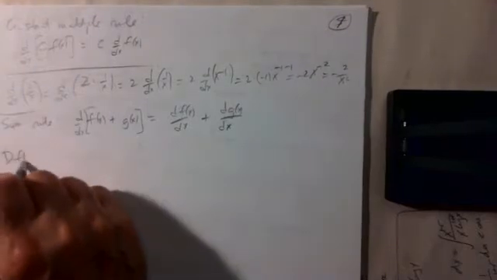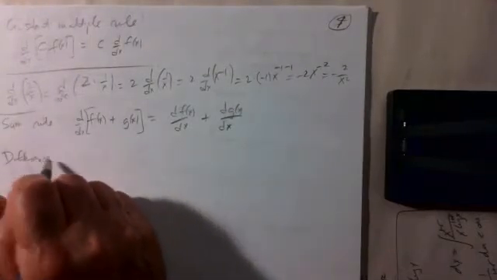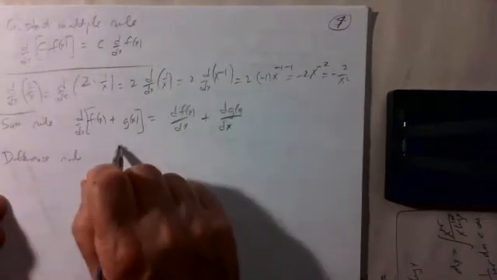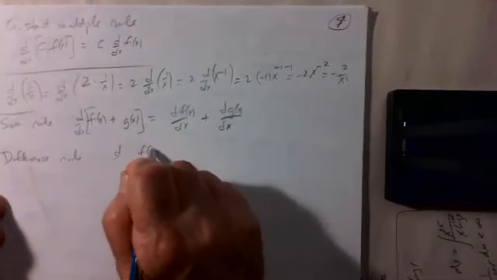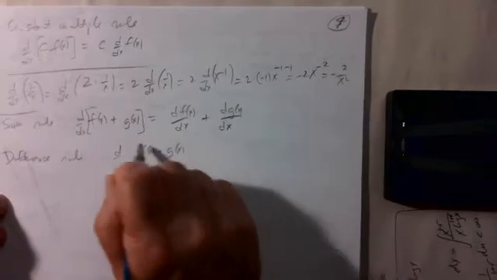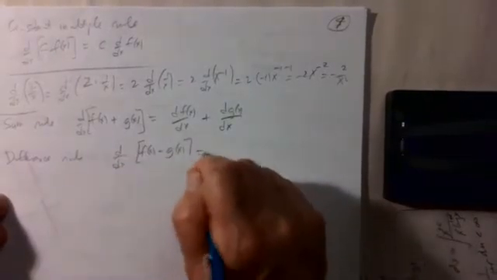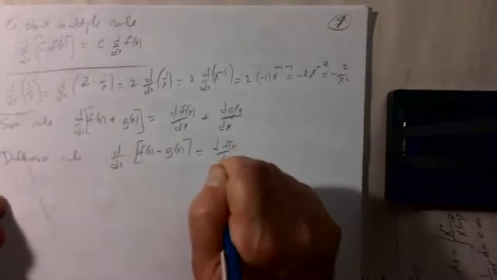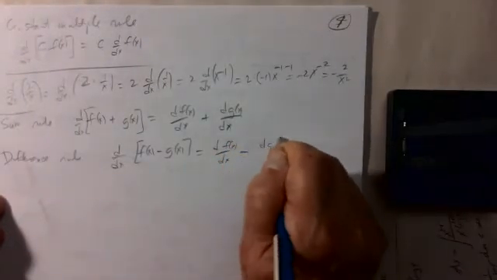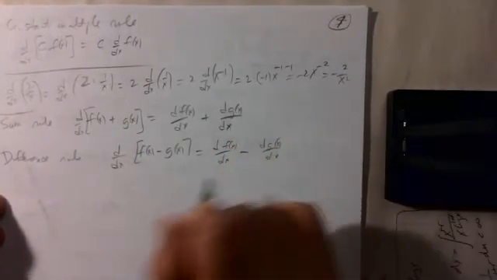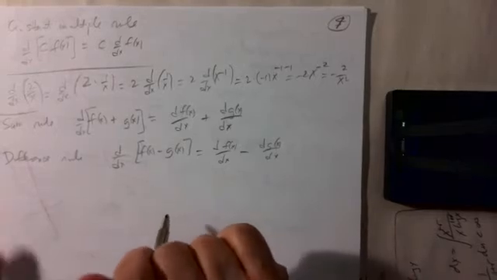And we have the difference rule, which says if you take two functions and subtract one from the other, the derivative of the difference is the difference of the derivatives.